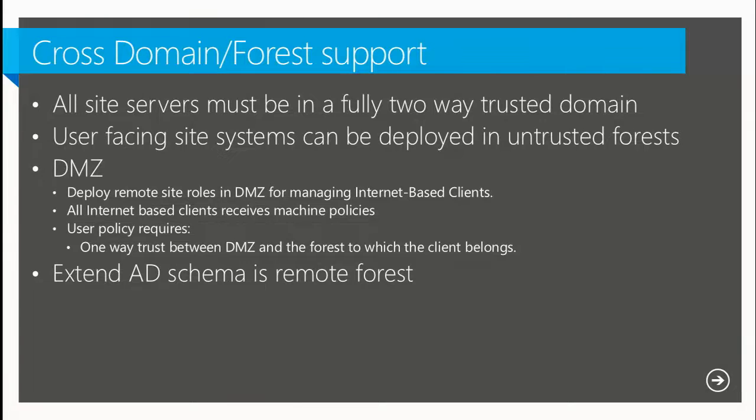It doesn't really matter. When there's no trust, how does that work with network access account? Oh, so the network access account, we can have only one. You can place remote site systems in the remote forest, but if you set up a distribution point in that remote forest and there is no trust between, that could actually be an issue because your clients won't be able to access any content.